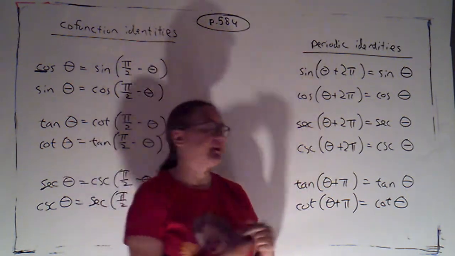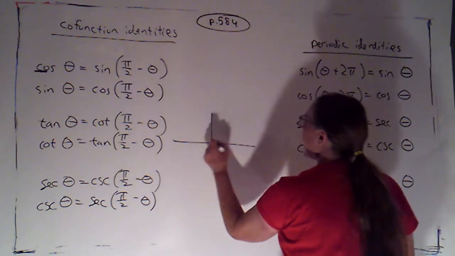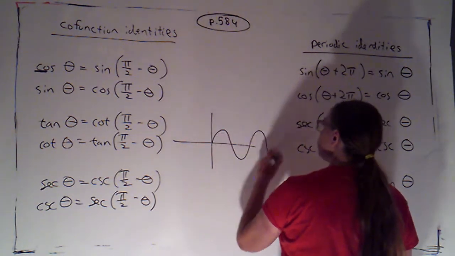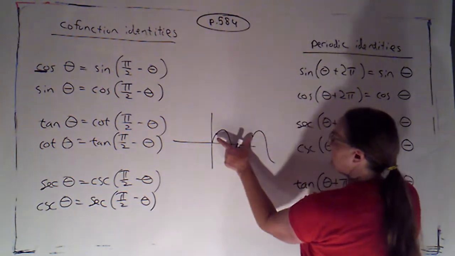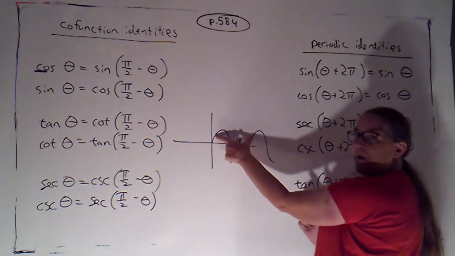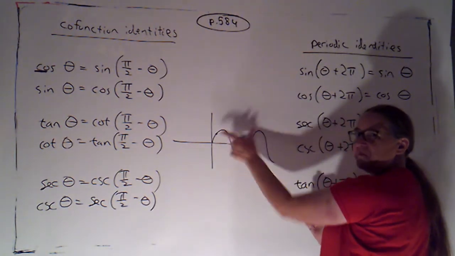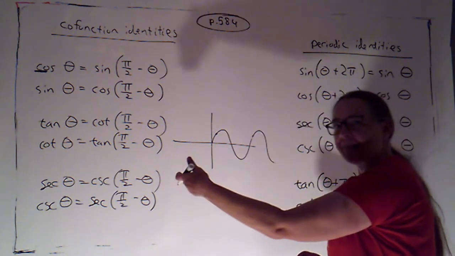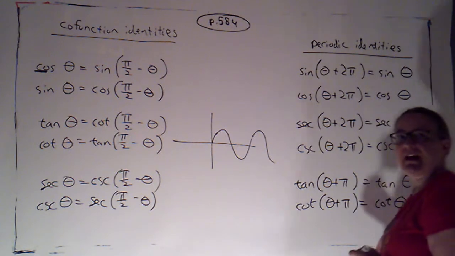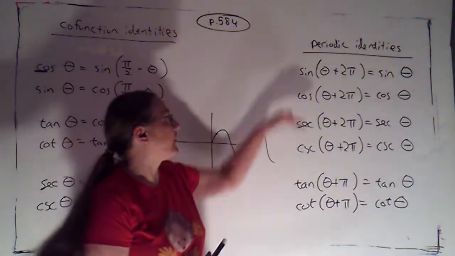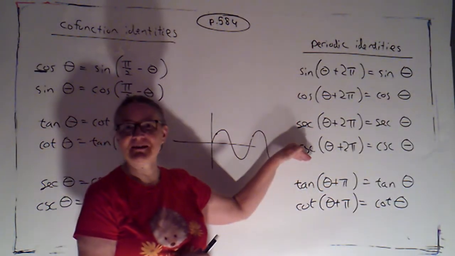I could also think of it, if I look in terms of the graph of sine, if I'm here, the next time I'm here, that's a distance of 2 pi apart. That's 1 period apart. So if I'm at a particular place and I add 1 copy of the period, I'm going to have an angle that has the same sine, or cosine, or secant, or cosecant.